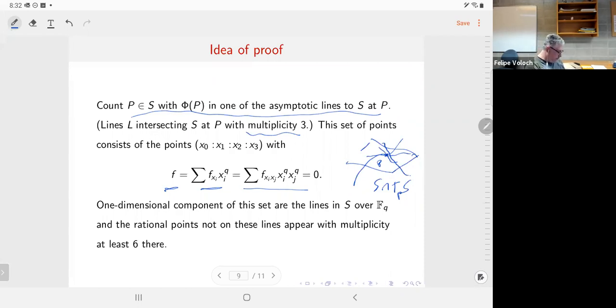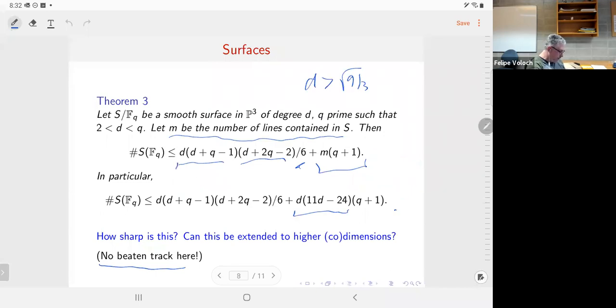And then we can look at the numerator here. The three terms in the numerator of this part of the equality are the degrees of these three equations. So I'm looking at a system of three equations in P3, and I can apply Bezout and say the total number of points is this product.